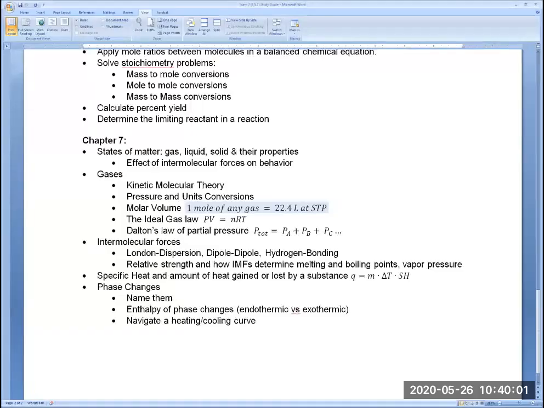Let me go back to the study guide here. So what is the effect of intermolecular forces on why you have a gas, a liquid, or a solid? What keeps the molecules packed together and ordered in the solid phase are intermolecular attractive forces.